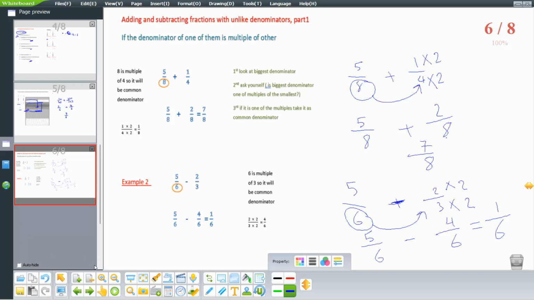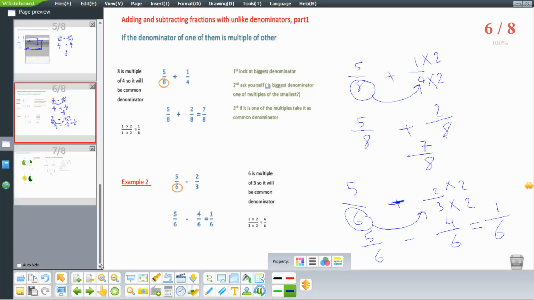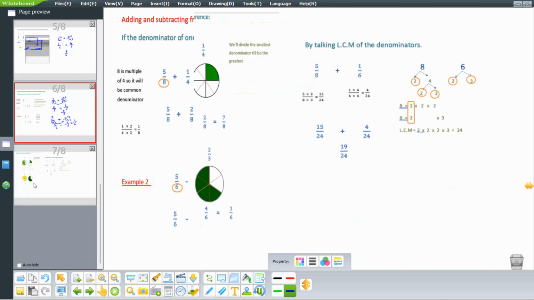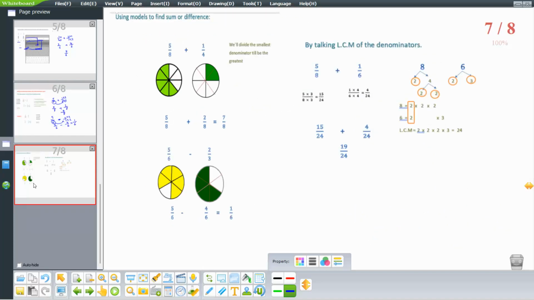Okay, the first way, search for the multiple. The second way is by using modeling. 5 over 8: here we have a circle divided into 8 pieces, and shade 5 pieces.